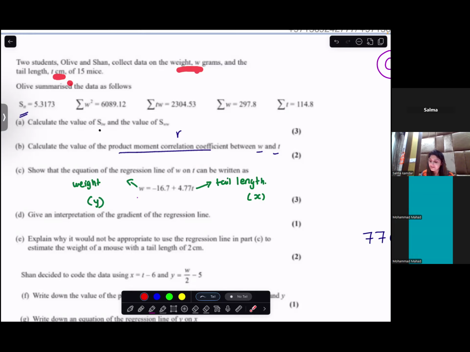Please be mindful of the weights and the centimeters that they've given over here. That means every increase of 1 centimeter of the tail length would lead to an increase in the weight by 4.77 grams.